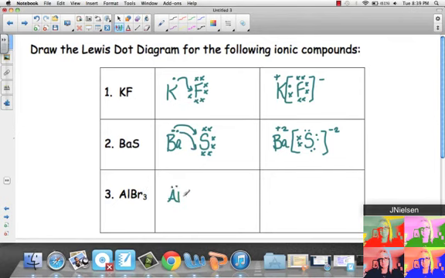AlBr3. So Al's got 3, and Br has 7. So what's going to happen is we need 3 Brs. So this is going to be times 3, and each Br is going to take 1. So what this is going to look like is this Br gained 1.